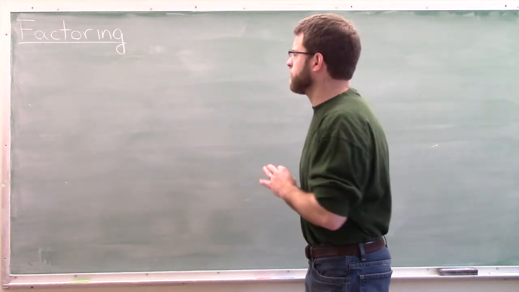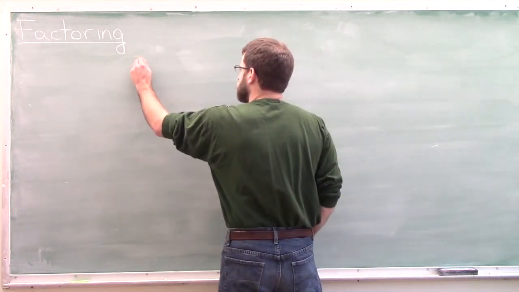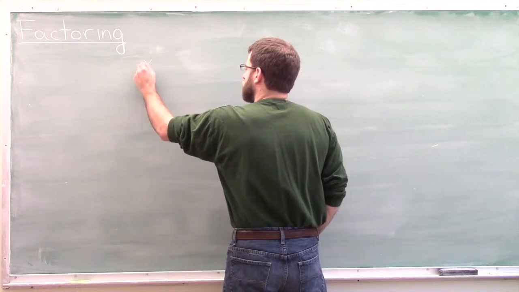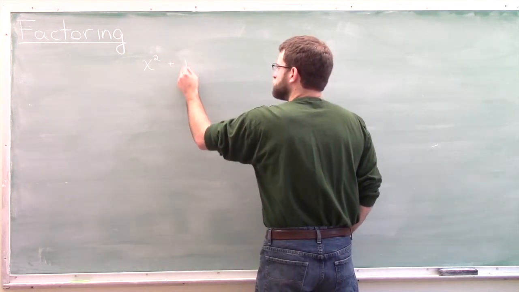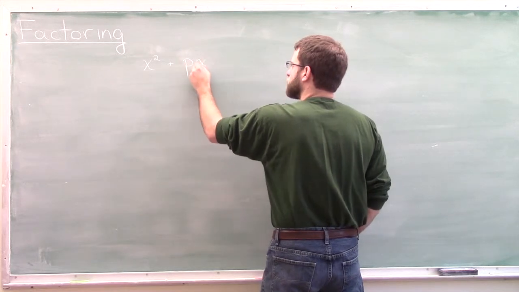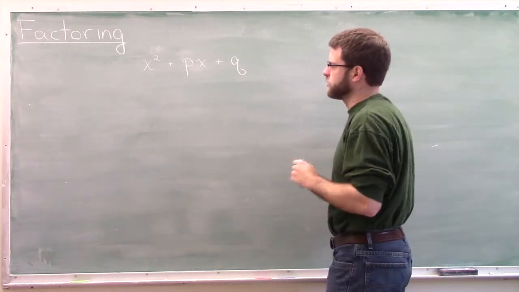Okay, so to begin with, I'd like to start with a simplified situation. I'd like to start with a quadratic that has this structure: x squared plus px plus q, where I'm using p as the coefficient of x and q as the constant term.